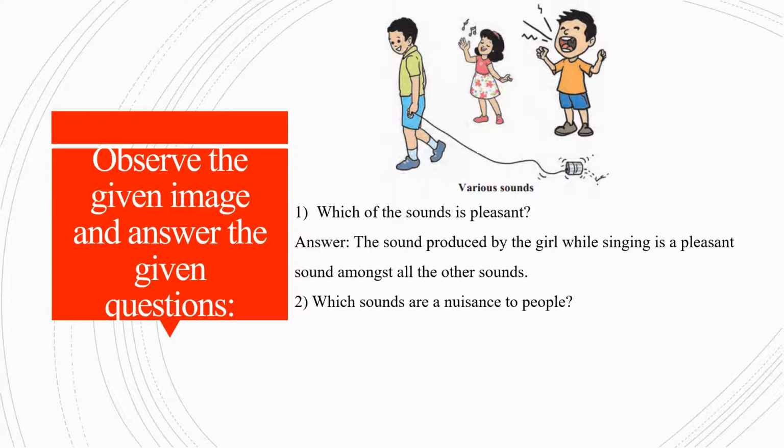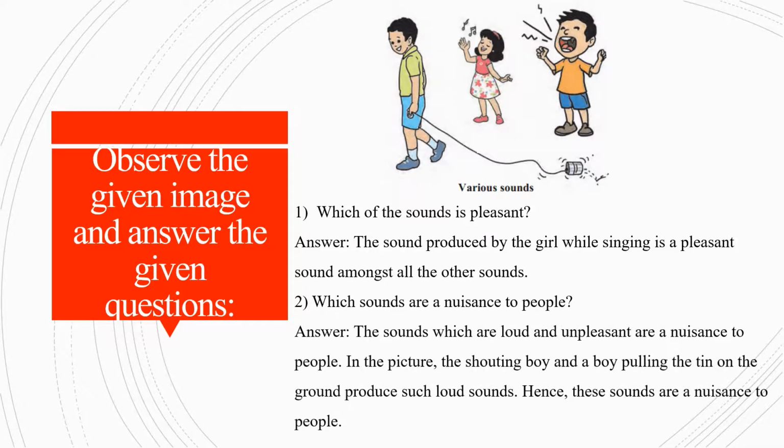Correct. The sounds which are loud and unpleasant are a nuisance to people. And in the picture, the shouting boy and a boy pulling the tin on the ground produce such loud sounds. Hence, these sounds are a nuisance to people.